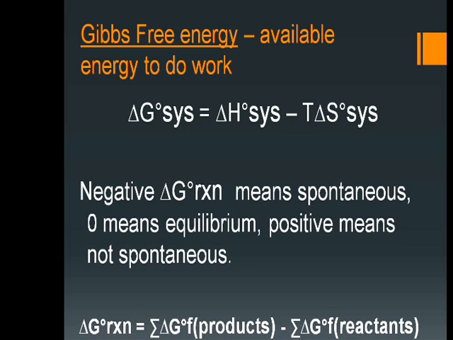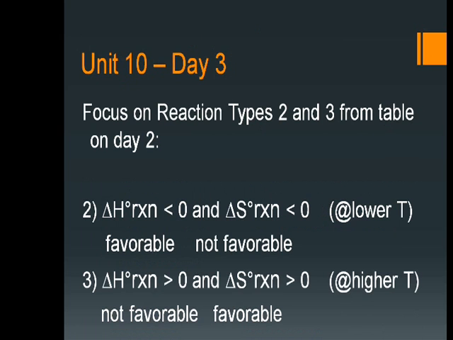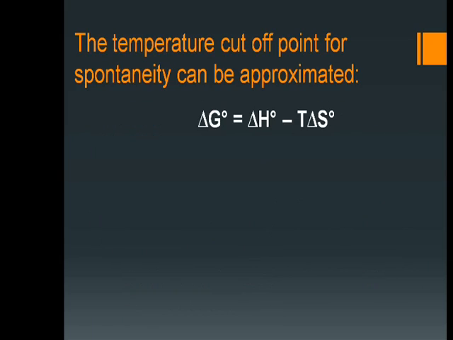So, we talked about that. Here's where we are, Unit 10, Day 3, looking at those 2 reactions we just talked about. Well, we can approximate what that special temperature is, at higher temperature or at lower temperature.